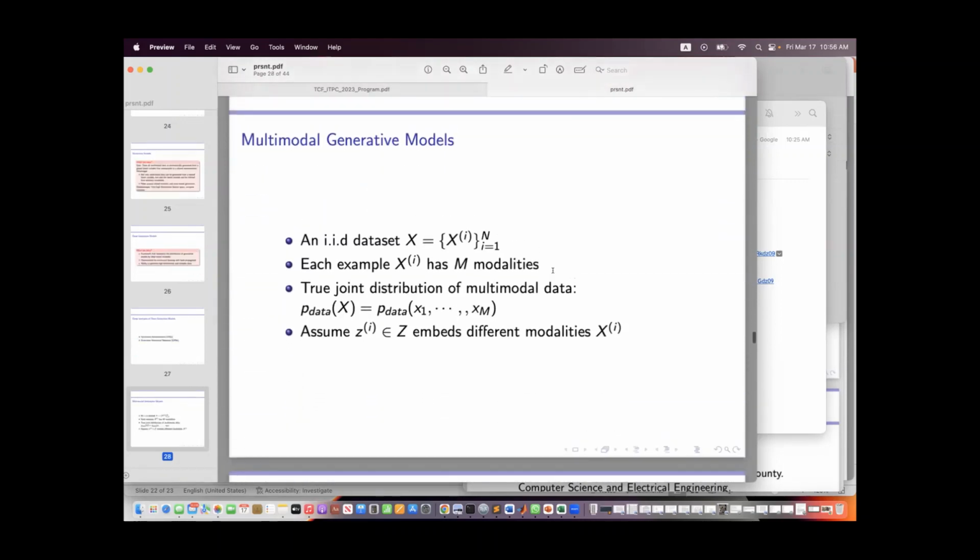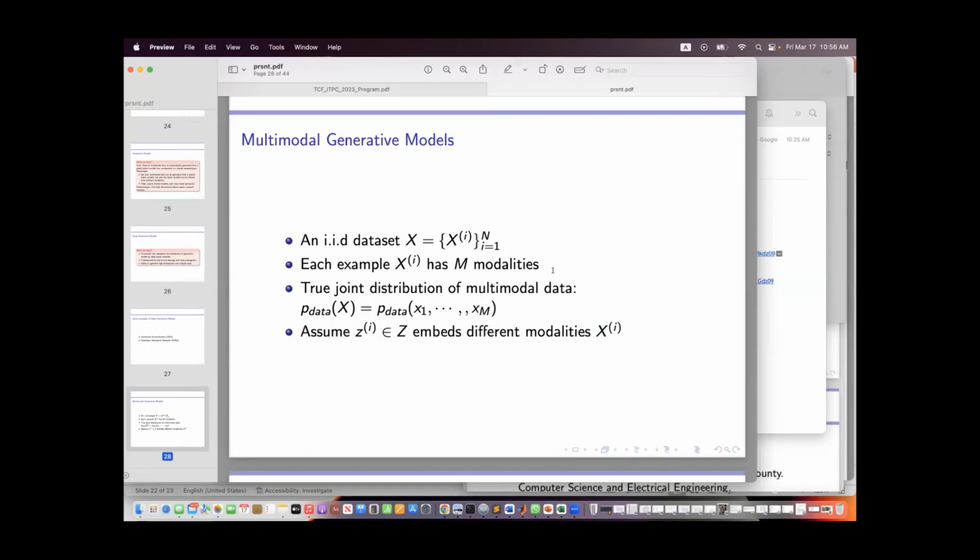The way these multimodal generative models work is that you assume you have a data set. Each data point X has a certain number M of modalities. You essentially want to find the joint distribution of the multimodal data.